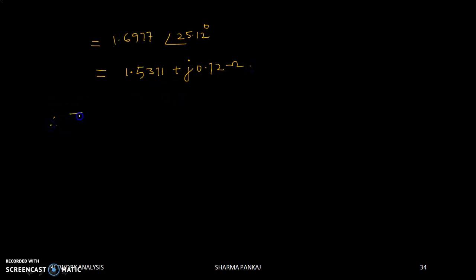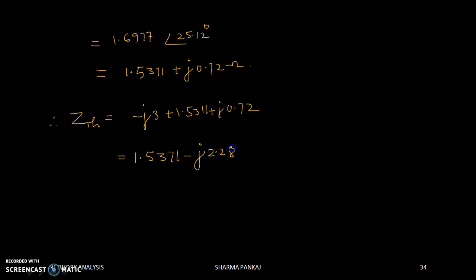Therefore, ZTH will be equal to minus J3 plus 1.5371 plus J 0.72, which is equal to 1.5371 minus J 2.28 ohm. This is your value of ZTH.